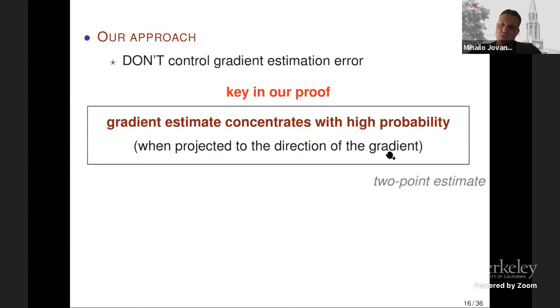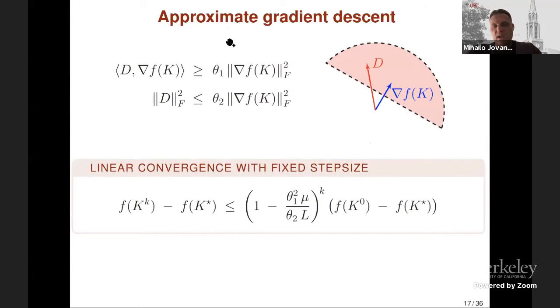Again, we don't attempt to control the variance of the gradient estimation error as we approach the optimal solution, but rather we just show that the gradient estimate concentrates with high probability, and this allows us actually to improve bounds that have been established in the literature.